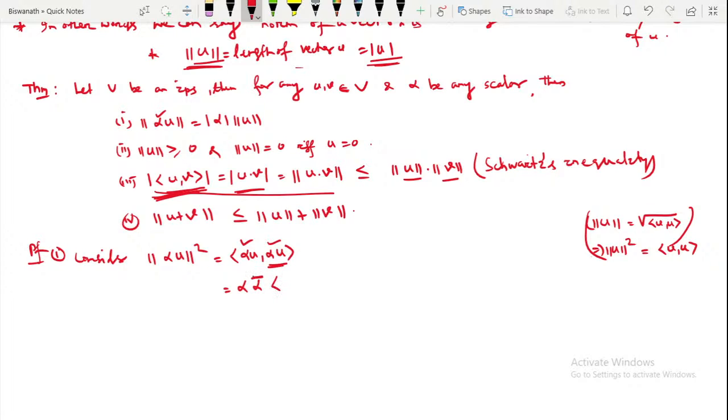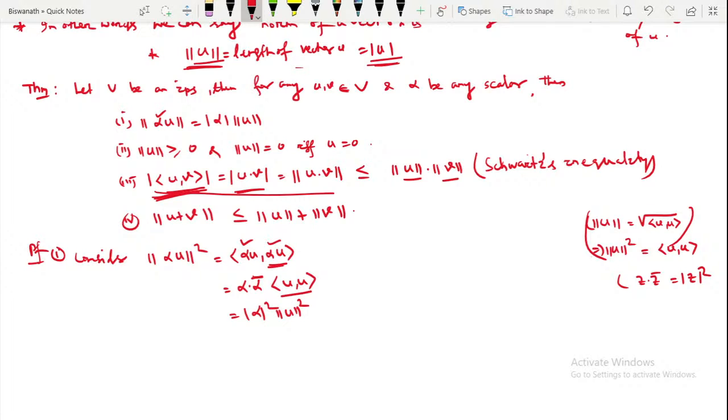So this is alpha into alpha bar, then the inner product of u comma u, and z into z bar is mod z squared. So I will write mod alpha squared, and then the inner product is norm u squared.